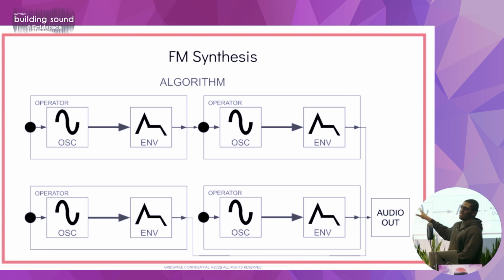FM synths are generally categorized by two things: how many operators you have total, and how you can route them. You have fixed algorithm FM synths, where the routings are predetermined. You have a certain set of them and you can switch between them freely. And then you have programmable-routing FM synths, where you can control the routing manually.